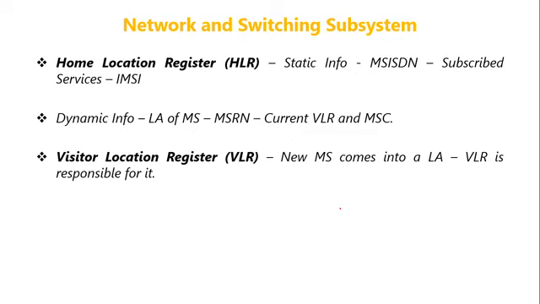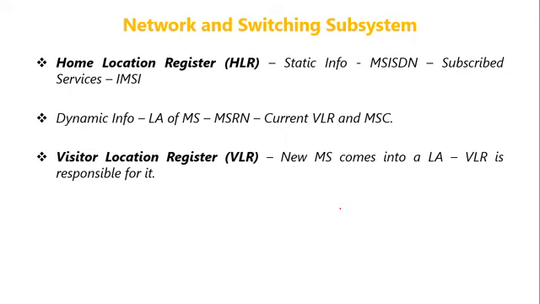The visitor location register is responsible whenever a mobile phone moves from one base station to another. It is a dynamic database which stores all information needed for the MS users currently in that location area. If a new MS comes into the location area, then the VLR is responsible for it.